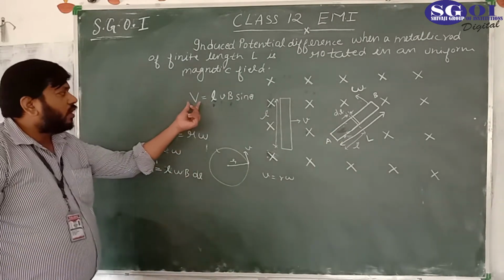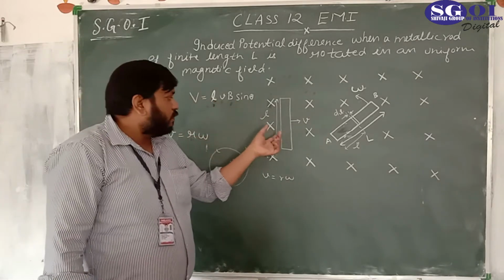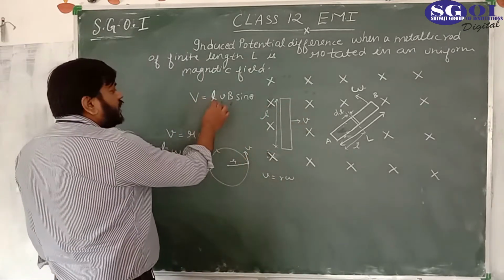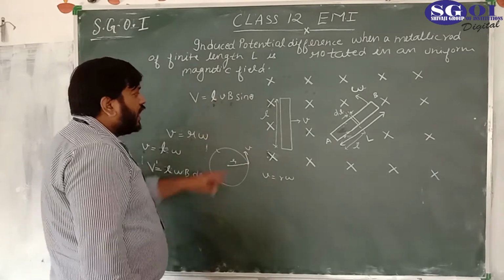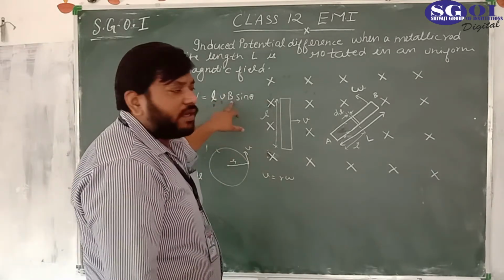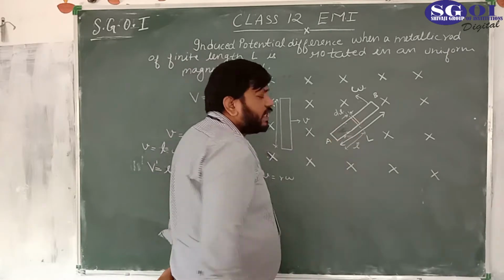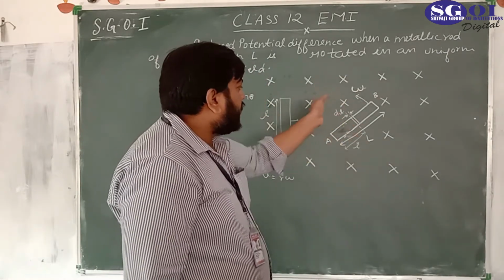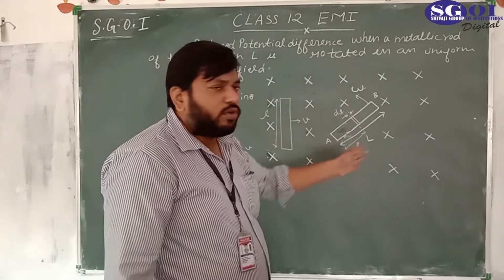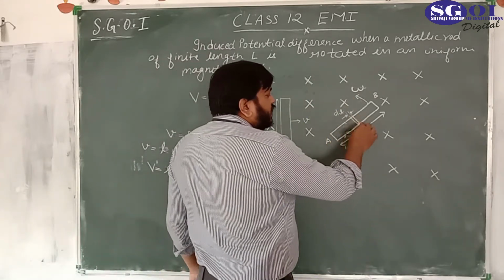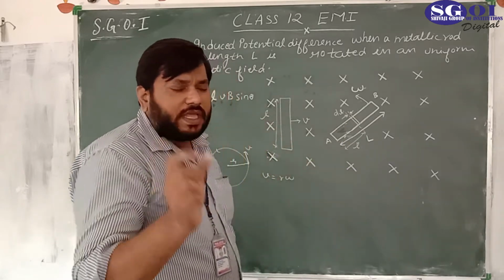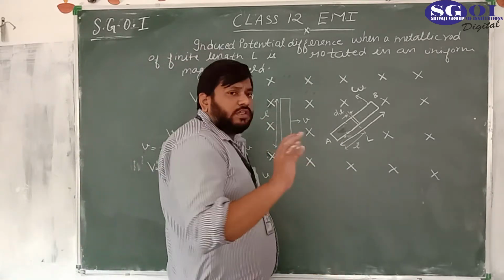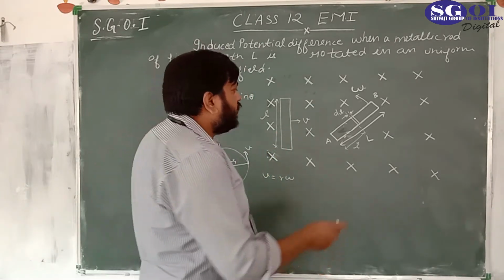From the formula, the potential difference for an object moving with linear velocity v is l v B sin theta, where theta is the angle between v and B. Here the angle between v and B is 90 degrees, because the field lines are perpendicular to this board, and this particular length element could be moved in any direction, so theta would always be 90 degrees.